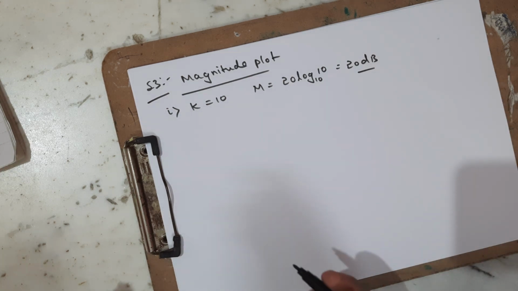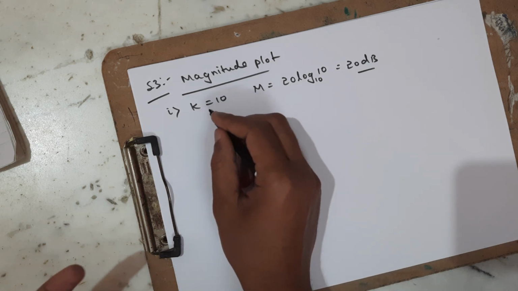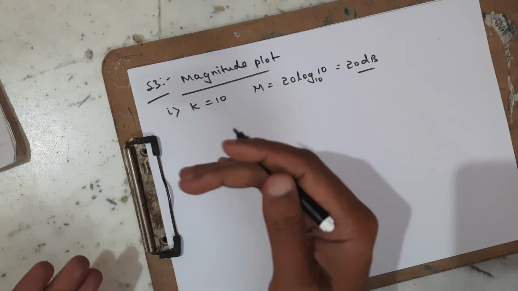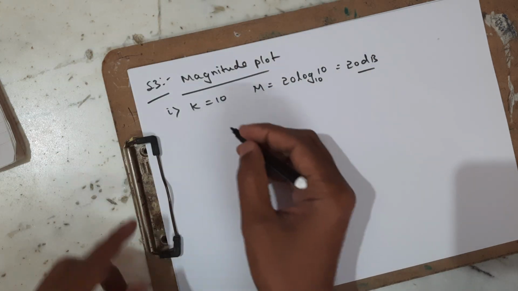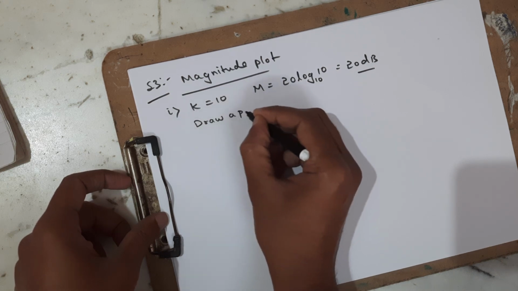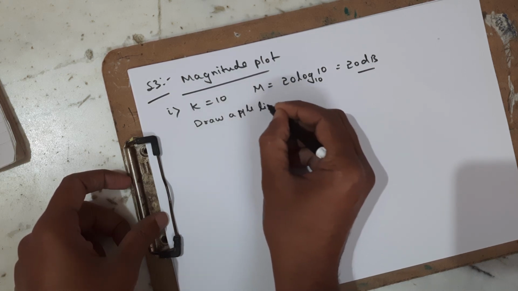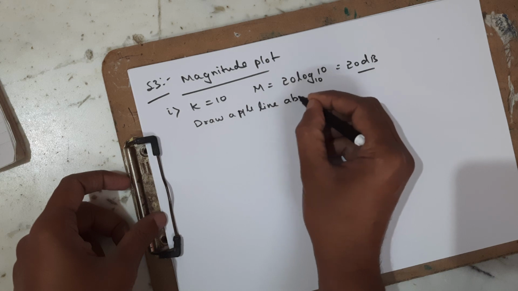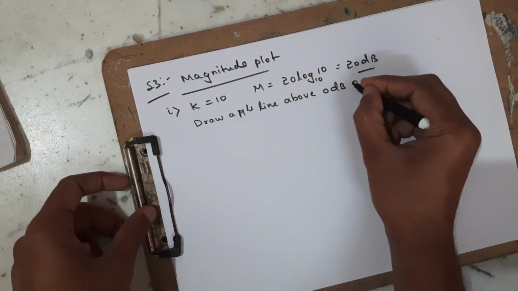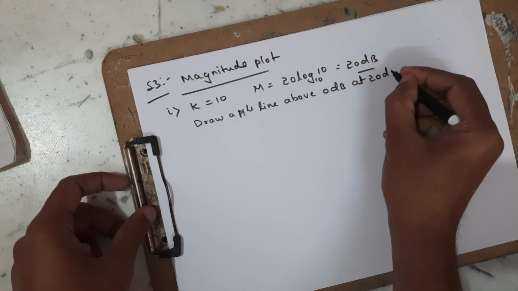Okay, so now what to do with this? Since K is greater than 1, I am going to draw a parallel line above the 0 dB line, at 20 dB.